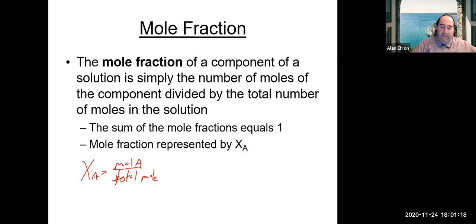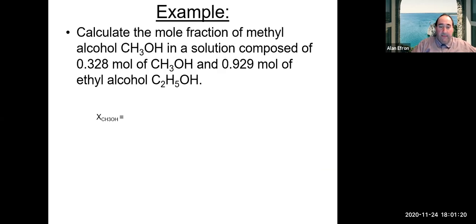So we've seen that before, and I think we probably did this problem before, so we'll just look at it again here. We wanted to calculate the mole fraction of methyl alcohol in a solution composed of 0.328 moles of methanol and ethanol. Here again, we would take the moles of methyl alcohol and divide by the total moles, which gets us 0.261, essentially 26%, but we don't typically multiply it.